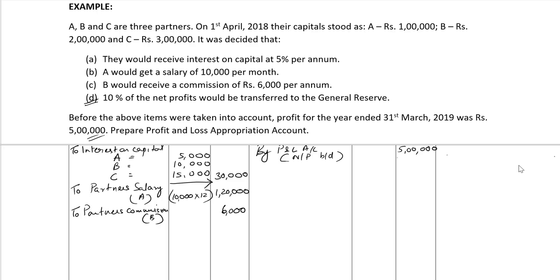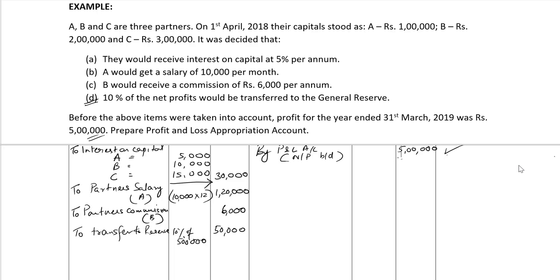So in our case, this rupees 5 lakh is the net profit. So we'll transfer to reserve, which is 10% of 5 lakh, just 50,000.